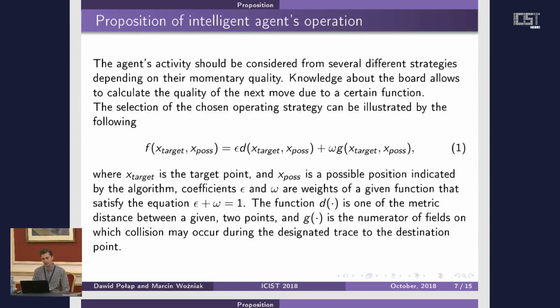The second function, g, is the number of fields that can have some obstacle, so that when an obstacle is met, he must go another way. And we have two constant values here, epsilon and omega. The sum of these coefficients must be equal to 1.